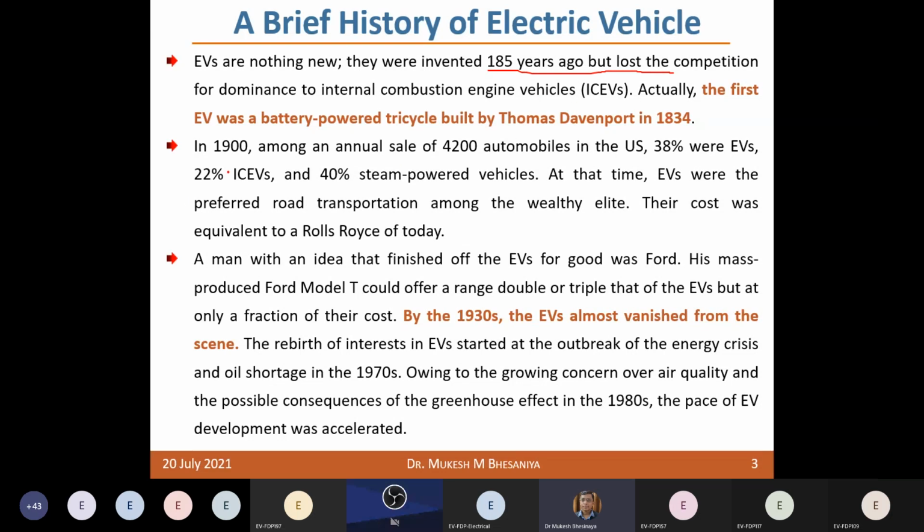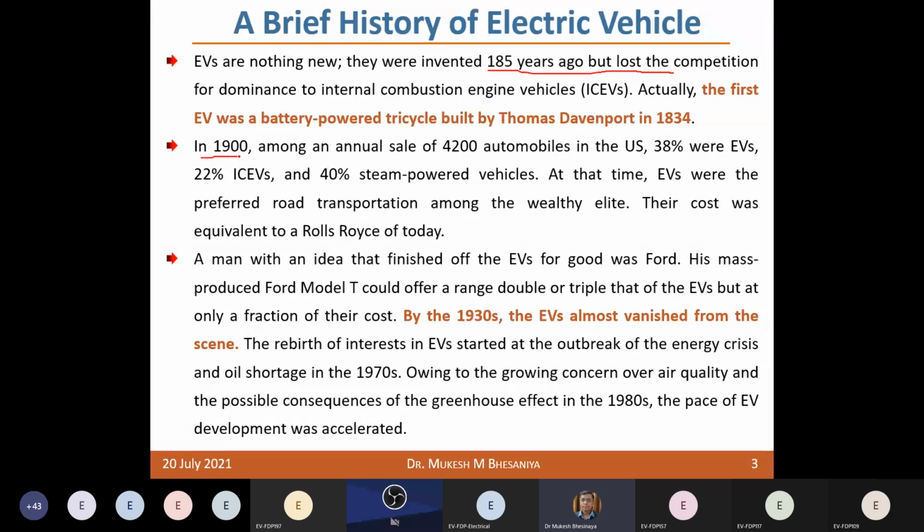The first EV, if you go into the history, was a battery-powered tricycle built by Thomas Davenport in 1834, around 185 years ago. And in the United States, I have taken this data from a paper.